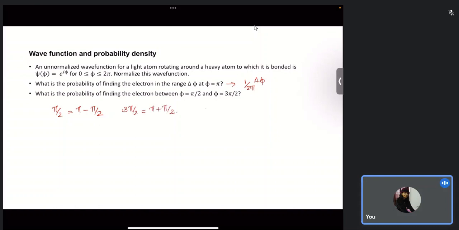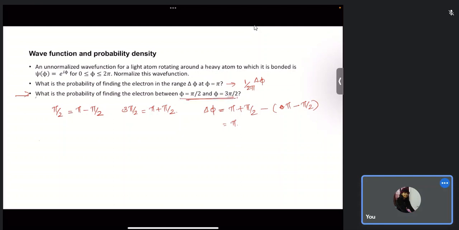So here delta phi is pi plus pi by 2 minus pi minus pi by 2, which means delta phi is equal to pi. We wanted to find the probability of finding the electron in this range.